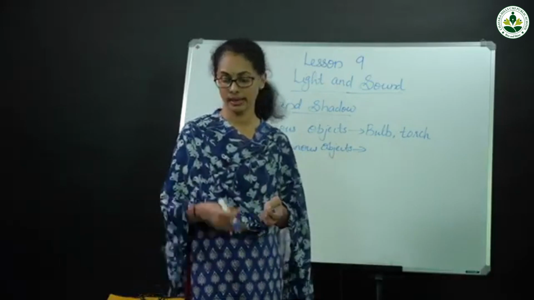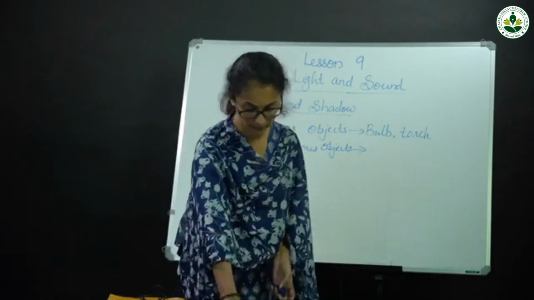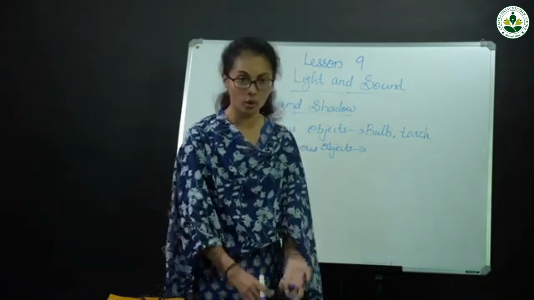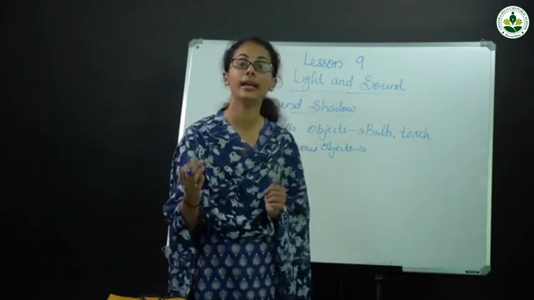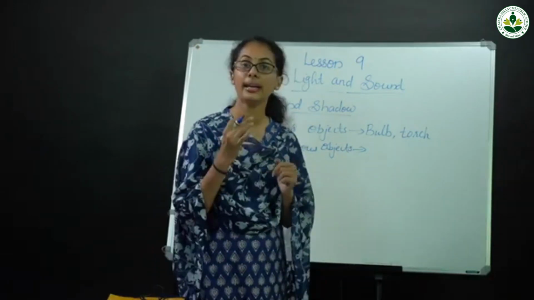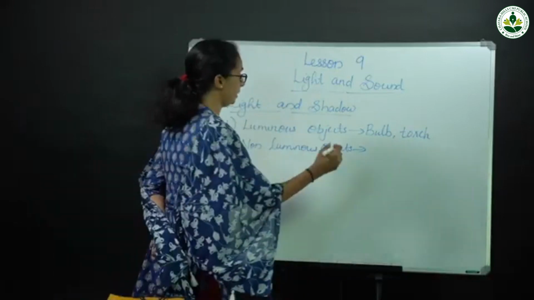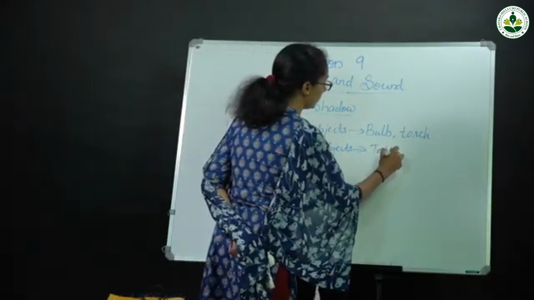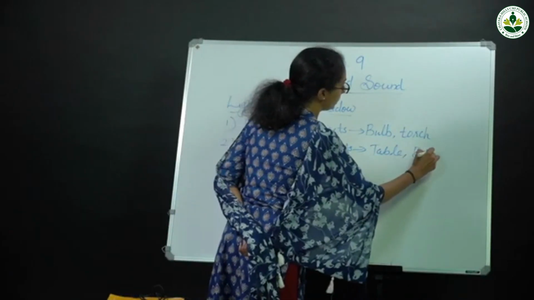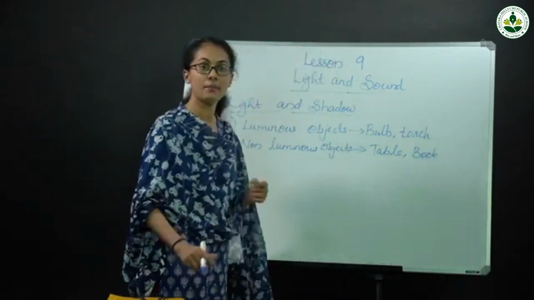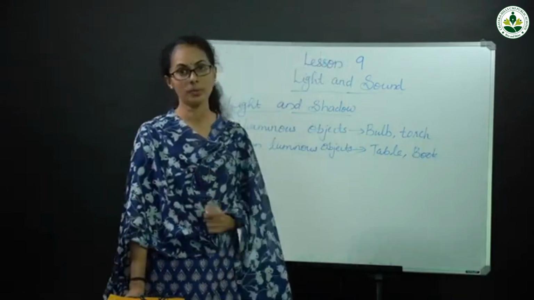For example, this table and textbook do not emit light. Table, book: these are some examples of non-luminous objects.